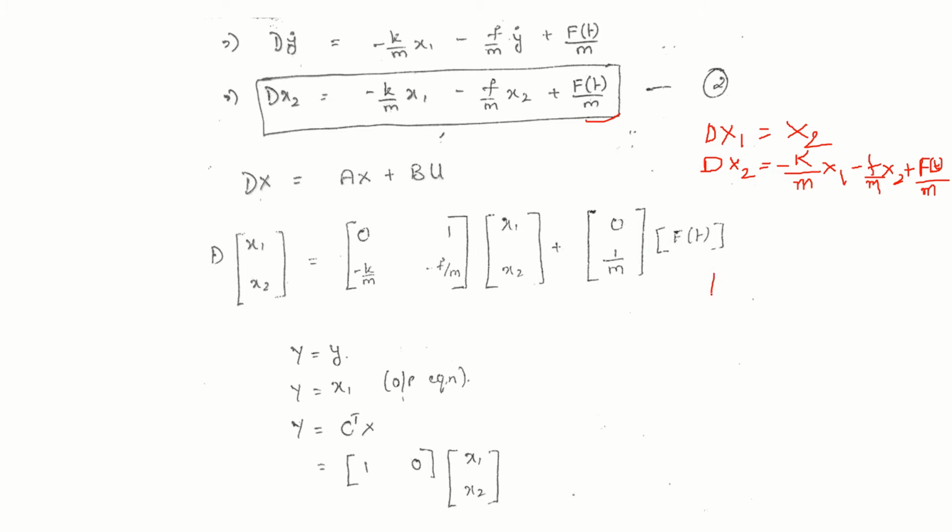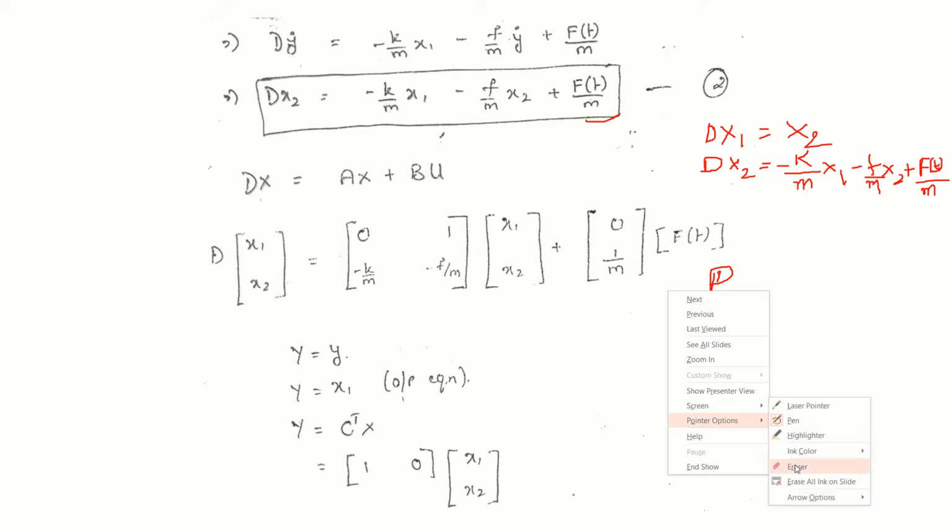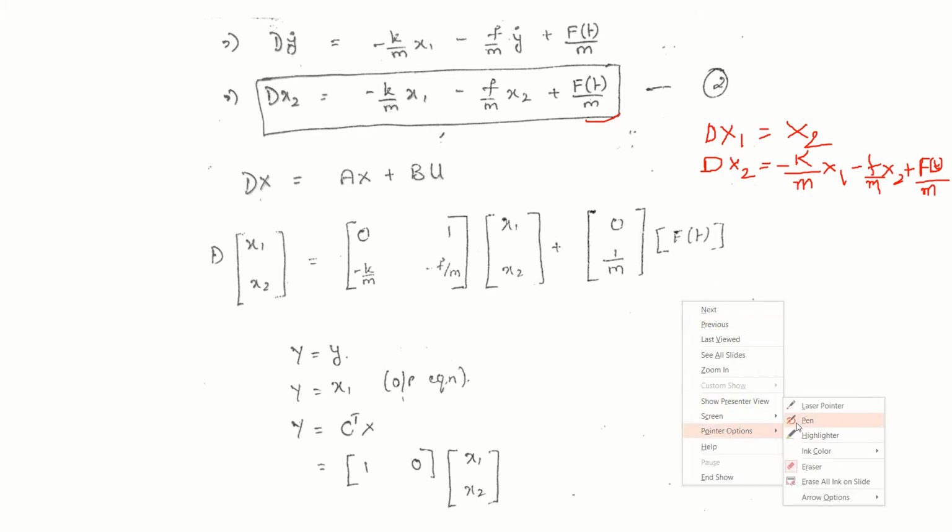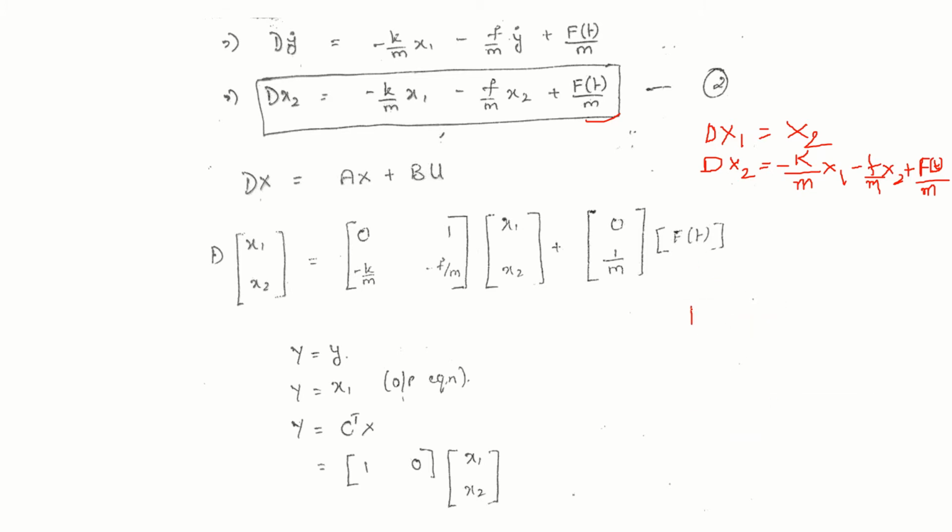So first, you write dx, the state matrix, is equal to A x plus B u.